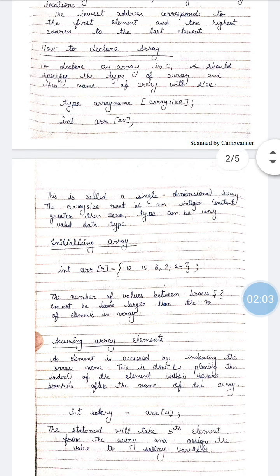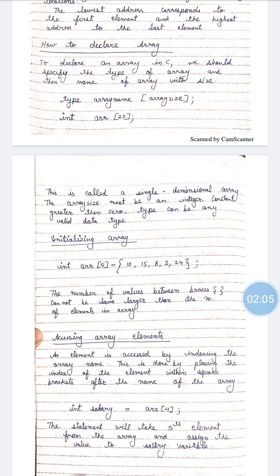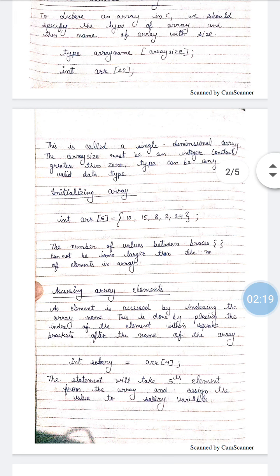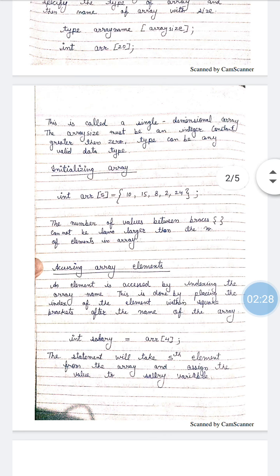Now the second one is initializing array. If we want to initialize the array with values, we can initialize like this. We can put all the values of array in one line. Now if we want to access the elements of array, how will we access the elements?